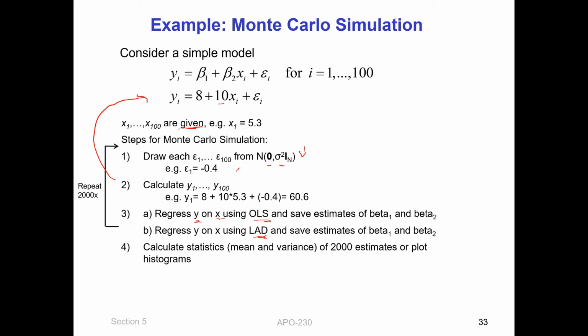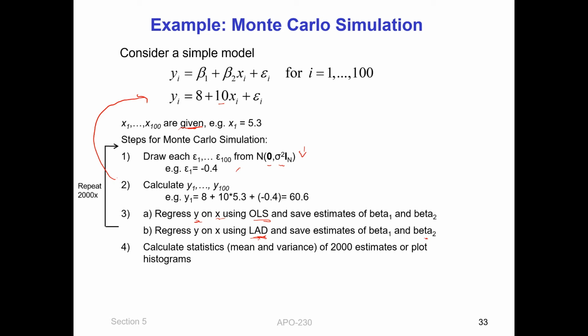So take the absolute of that distance instead to estimate beta 1, beta 2. Usually you don't see that often, but in some cases it's proven to be appropriate to use this method.